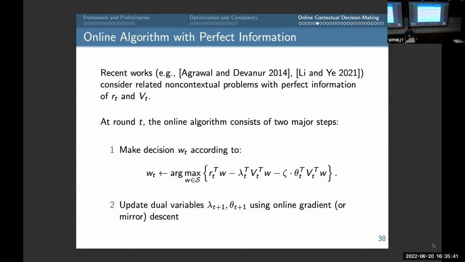So we essentially dualize the hard constraint as well as the utility function to get a linear problem that we solve to make a decision. Then after we make a decision according to that linear optimization problem, we update the dual variables using online gradient or mirror descent. That second part is a standard idea.